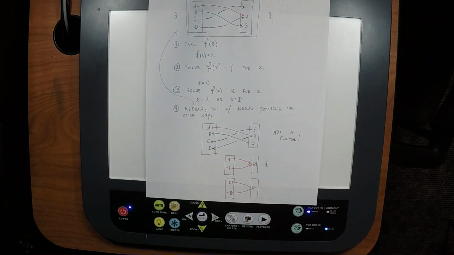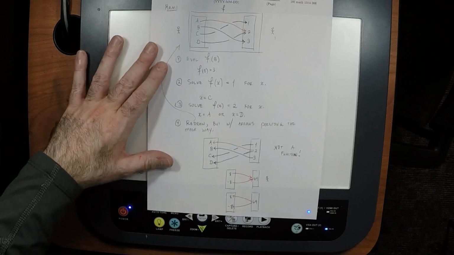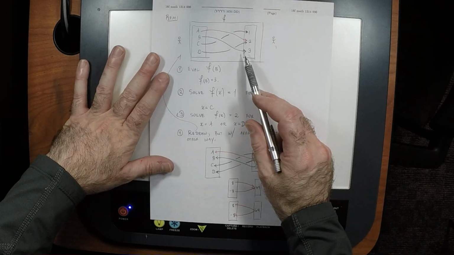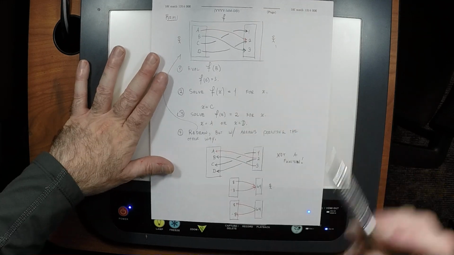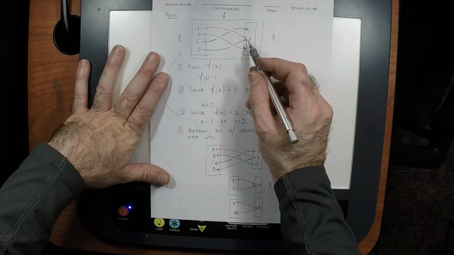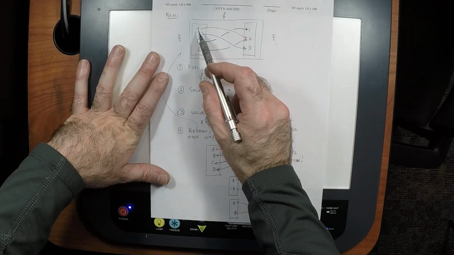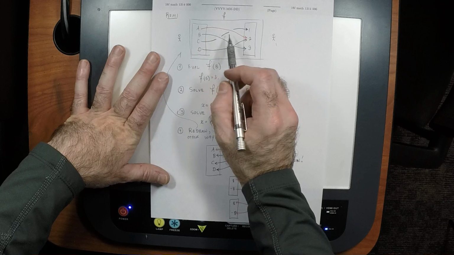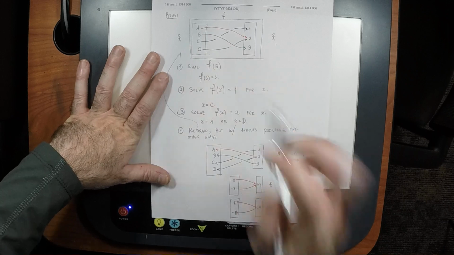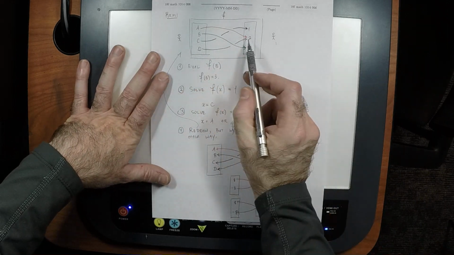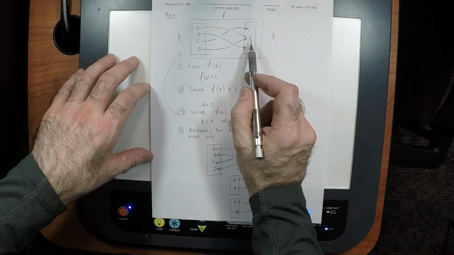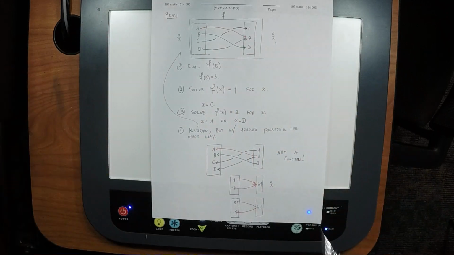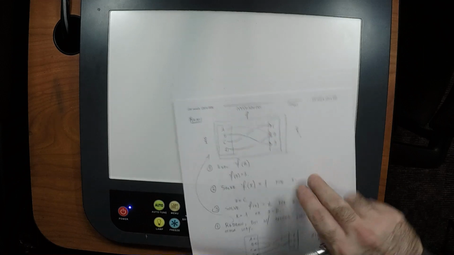What will be necessary then? That every output only has 1 input. Right. To be a function, exactly 1 arrow must leave. To be this new kind of thing that we're talking about, exactly 1 arrow must arrive. So if both of those are true, then we have the kind of thing we're talking about.